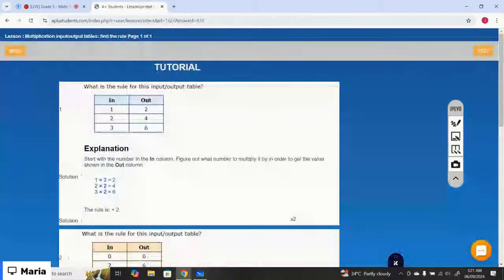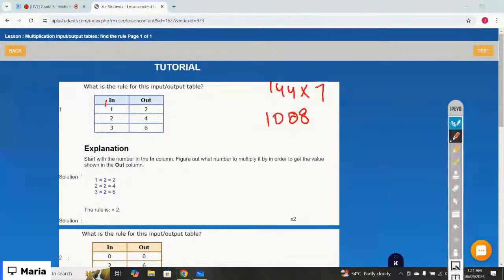Okay, what is the rule for this input output table? So basically, just look at the input and output tables, right? They are related. You multiplied the input value by a specific number and you got the output value, right?